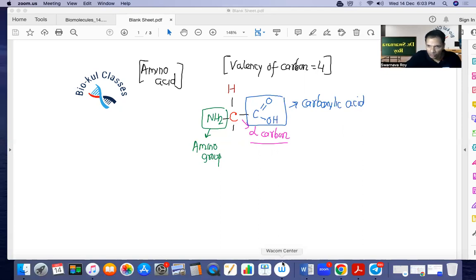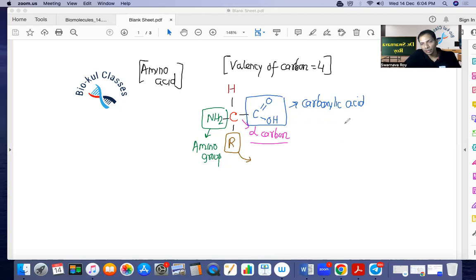And a very, very important thing, it also bonds with something called the R group. This R group varies from one amino acid to another. It is the group which gives a particular amino acid its particular property.